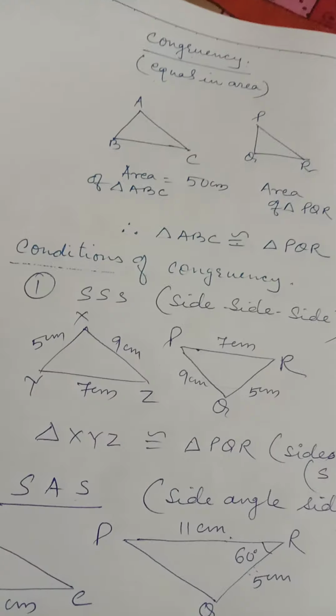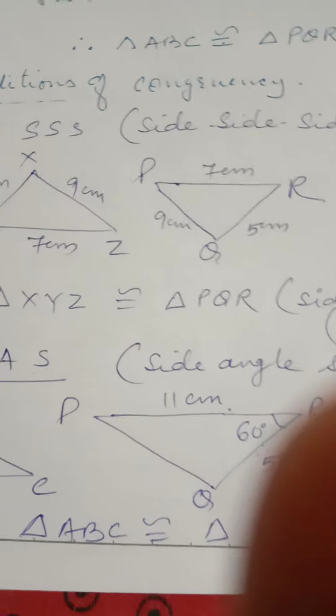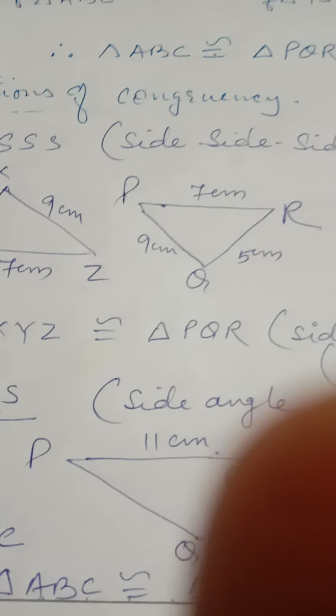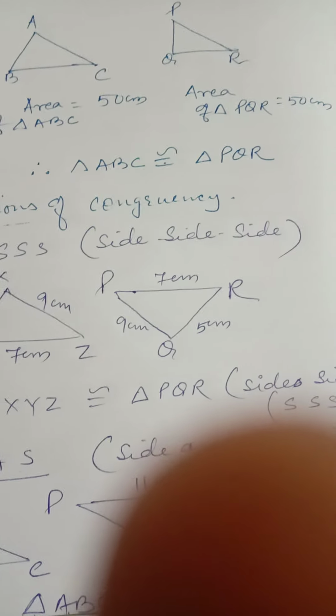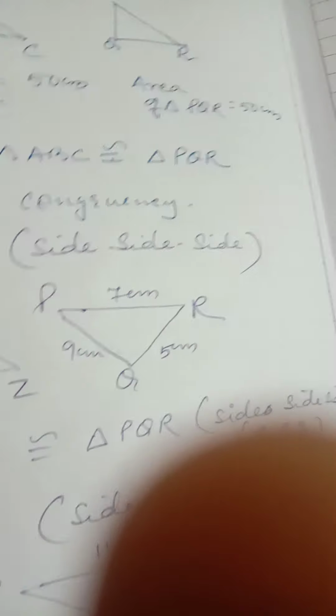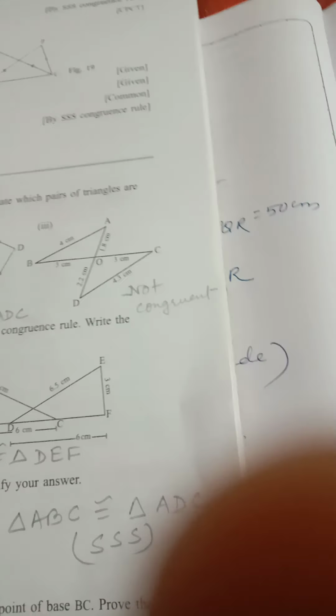The first exercise 13.1 you don't need to do. 13.2 is related to the congruency of side. Here question number 1, 2, 3, you can see these are picture sums that I'll be sending you the pictures of, and you need to finish them in a book itself. Number 4 onwards, we are going to do in a copy.